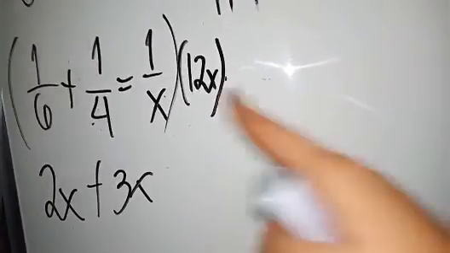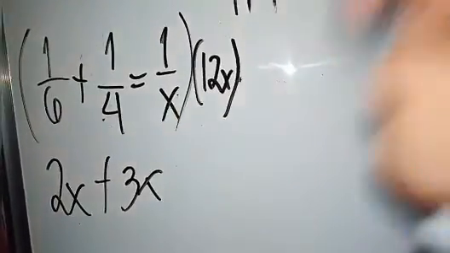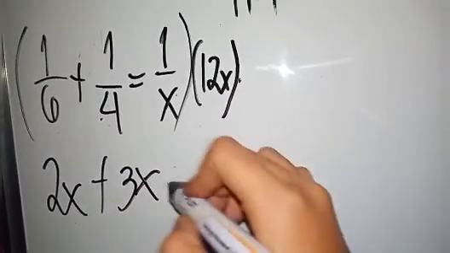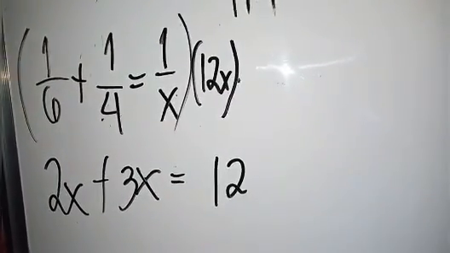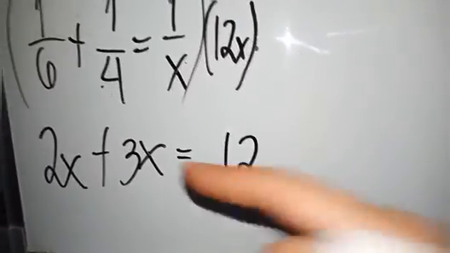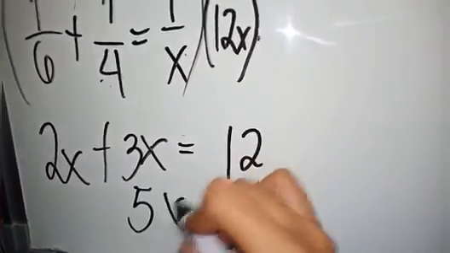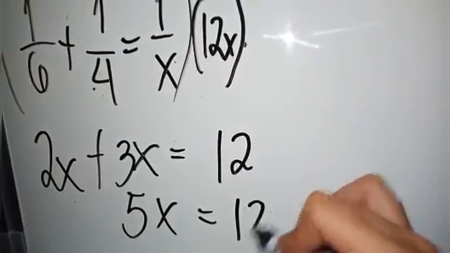And the last one, 12x divided by x will give us simply 12 times 1 will give us 12. Then after that, i-simplify na natin. So we have 2x plus 3x will give us 5x is equal to 12.